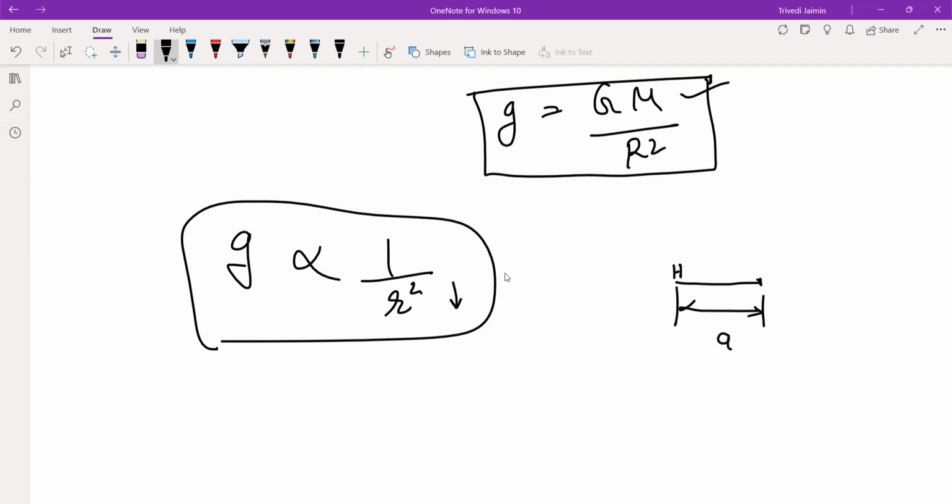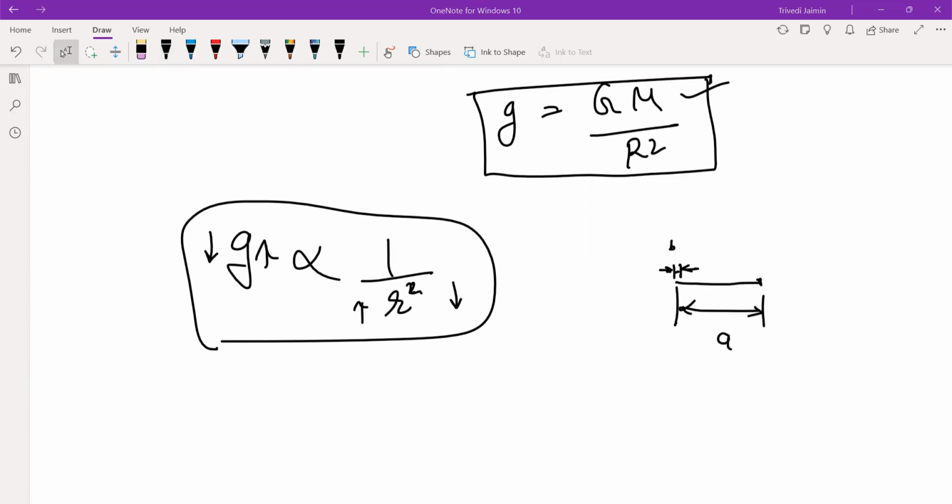Let's take case A and this is case B. Whose distance is more, A or B? A. Since A's distance is more, and g is inversely proportional, this decreases. So if it is decreasing, that means g will be max, right? Yes, sir. It should be max.